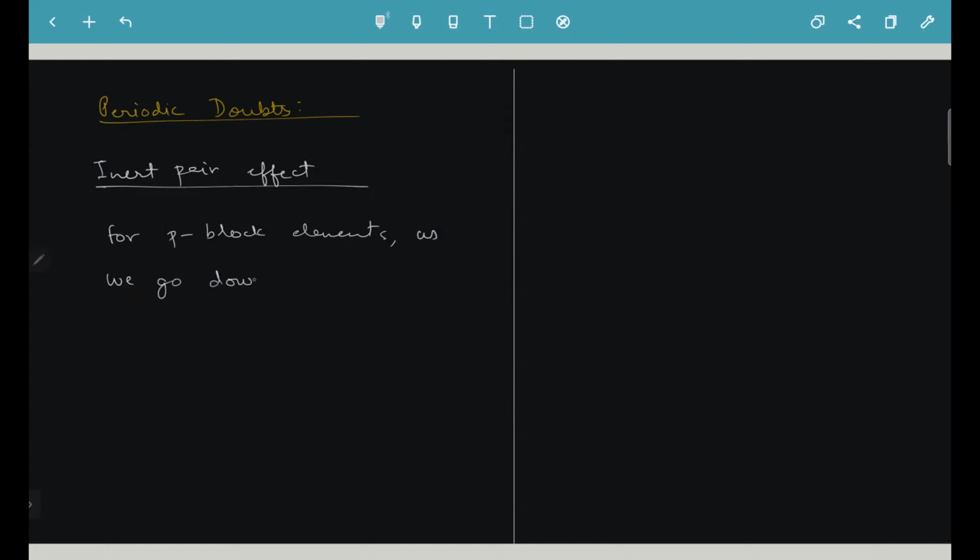In periodic doubts, we will talk about the inert shell effect. For p block elements, as we go down the group, the outermost s electrons become less and less reactive.